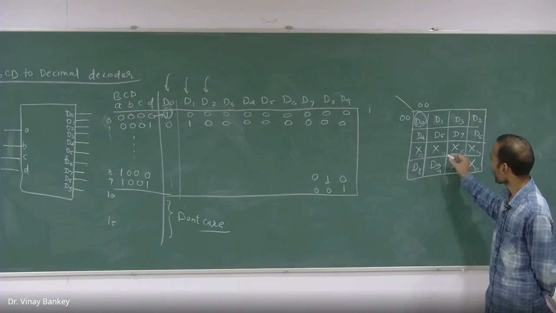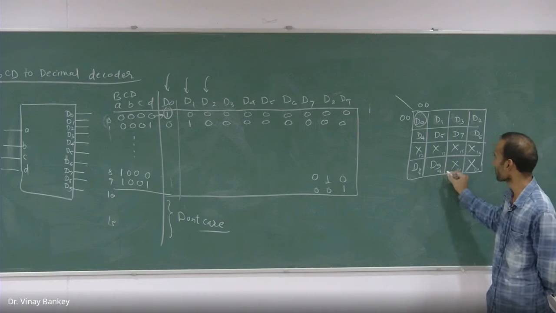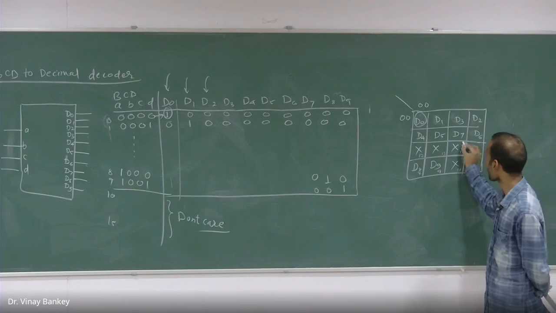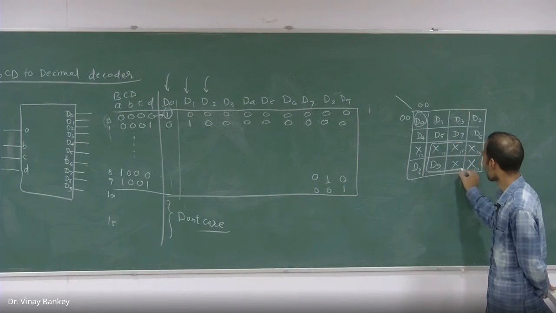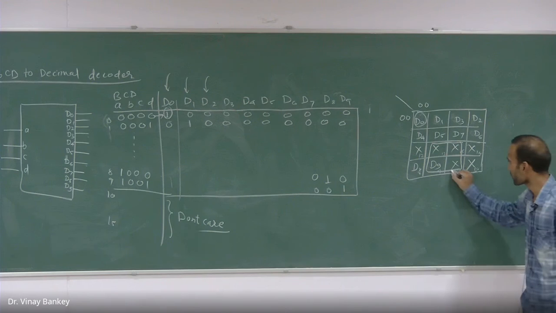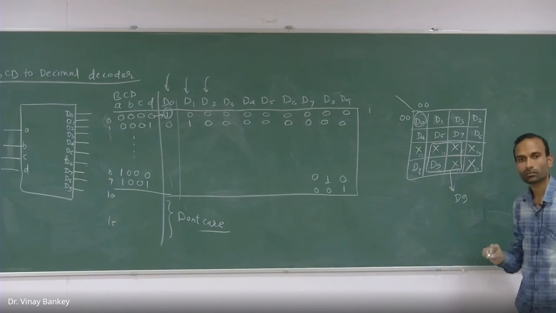But let's suppose I am trying for D9. What will be the largest group that I can make here? I can make a group for this cell, so D9 will be reduced. Whenever the question says to consider the don't care condition for the remaining combinations of BCD, this will reduce the Boolean function for D9. Correct?